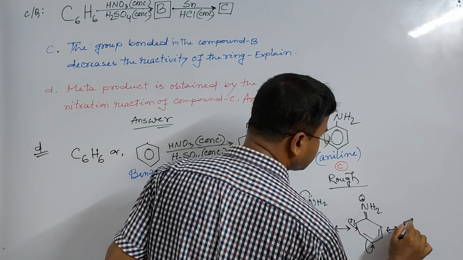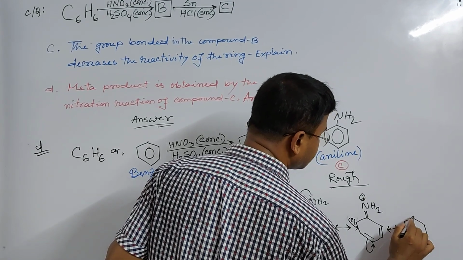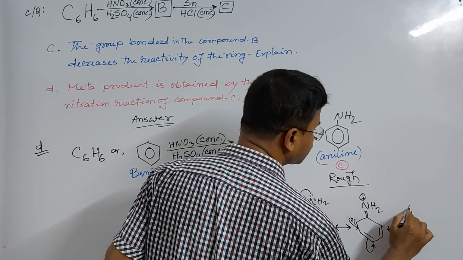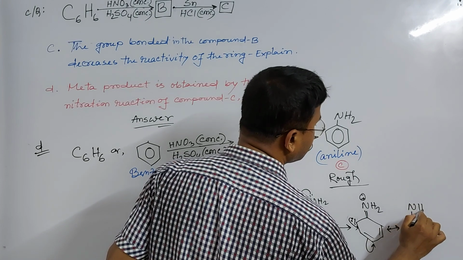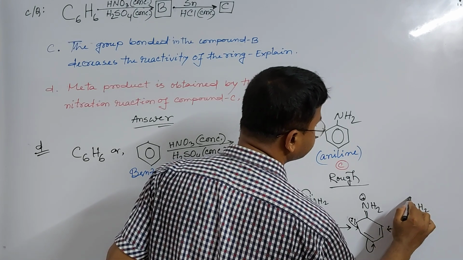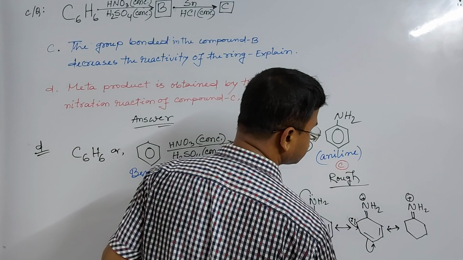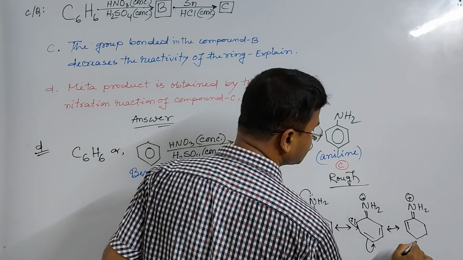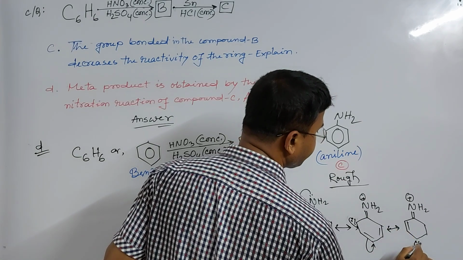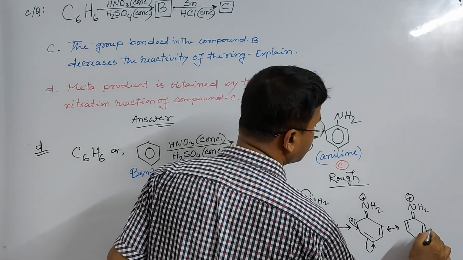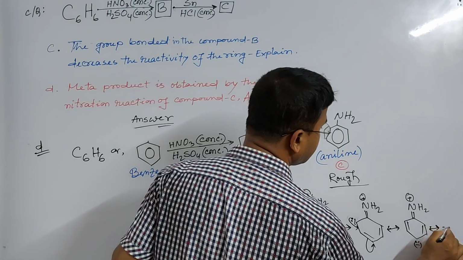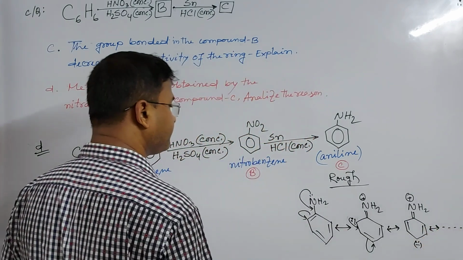So, as the nitro group is an electrophile, I mean the nitro group loves electrons, that's why the nitro group should attack at the ortho-para positions. But it is not happening.